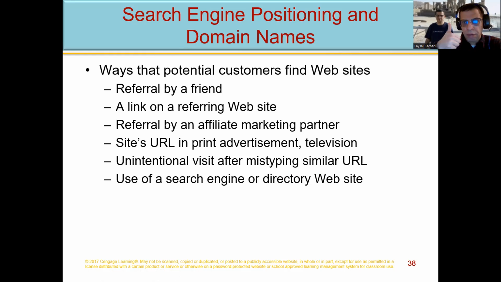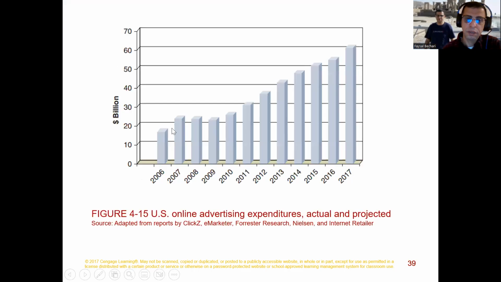It could be by referral from a friend, a link on a referring website, where you click and it takes you somewhere else, referral by affiliate marketing like the viral thing, partners, site URL, print advertisement, television, unintentional visitors, you just find it by luck, use of a search engine or search engine optimization, or direct website. These are different ways potential customers find your website.